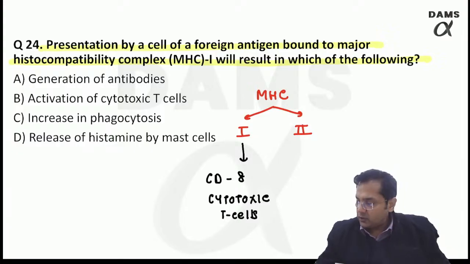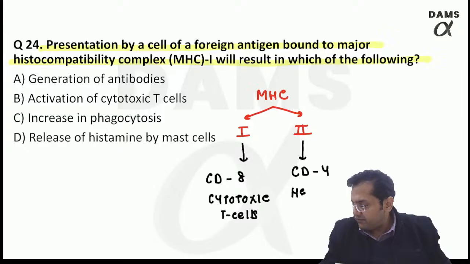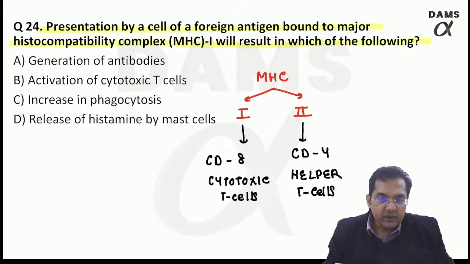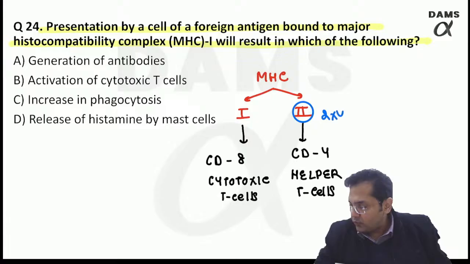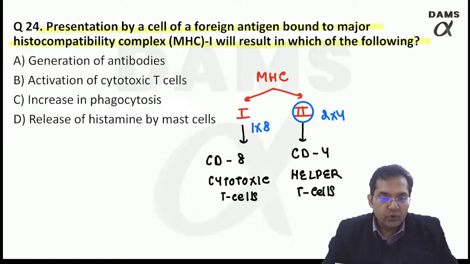And the 2 is CD4 helper T cells. Basically we say that 2 4s are 8 and 1 into 8 is 8. That means this is number 2. So 2 into 4 is the same as 1 into 8. So 2 4s are 8, 1 8s are 8.